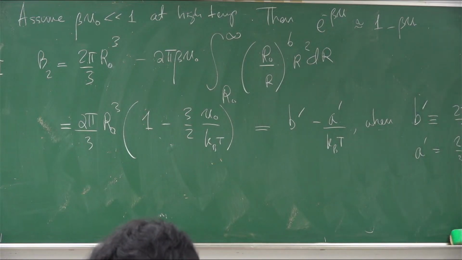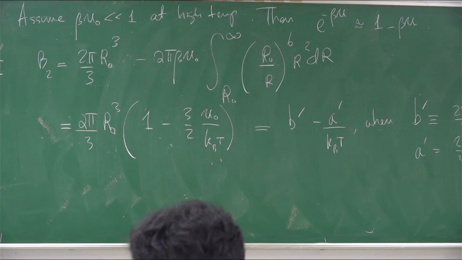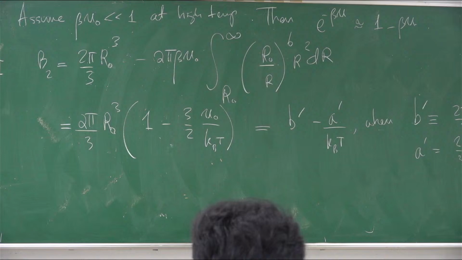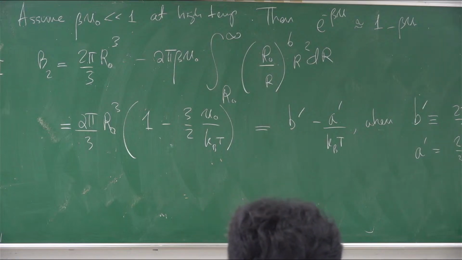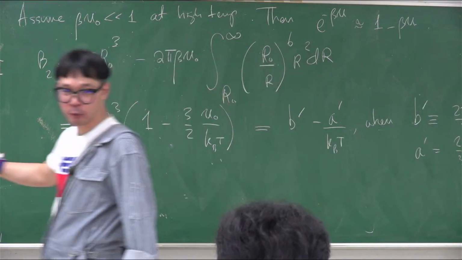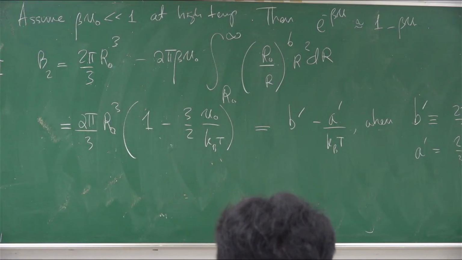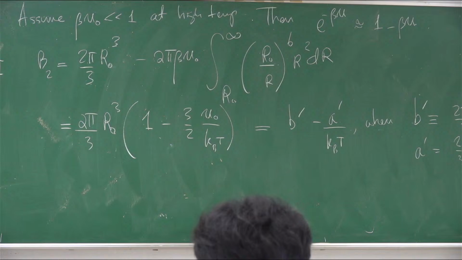Okay. So then, for this kind of non-ideal gas with this simple potential, you have to keep in mind that the potential we're working with is this one, not the Lennard-Jones one. Okay.